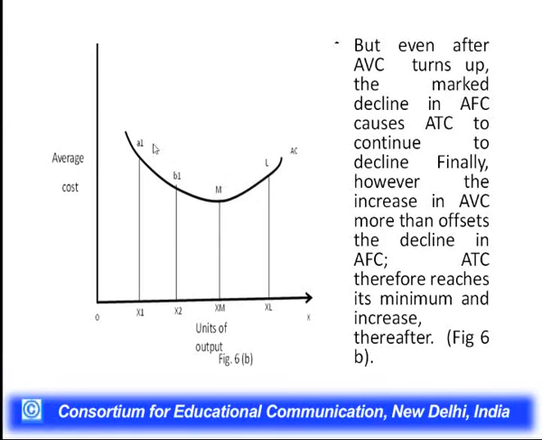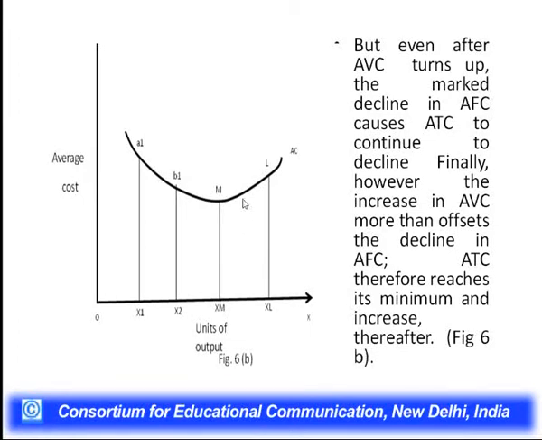So firstly AC goes on declining because both AVC and AFC are declining, and then AVC has started rising but still AFC is declining, so AC goes on declining. But after this output XM, what happens?